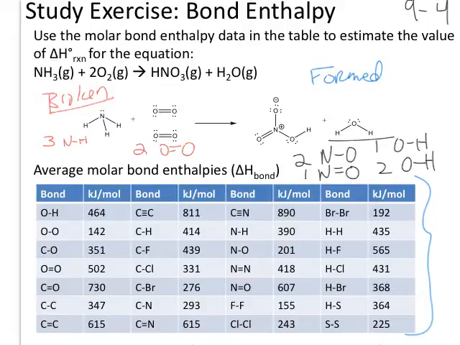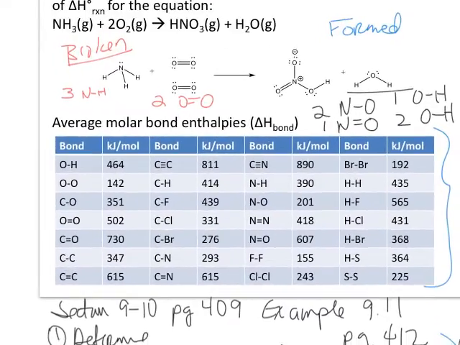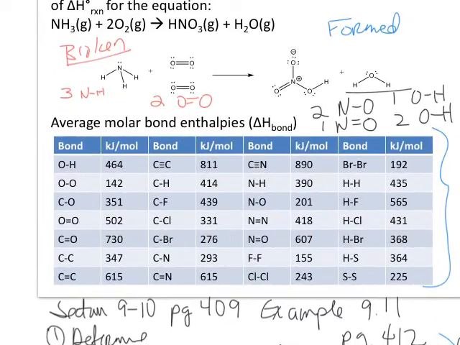So then we come down here and we're going to total them up. For the bonds broken, I'm going to circle them in red. Do we see NH? Here we go. That's going to be a positive 390, and we're going to take this times 3. And then we have an oxygen double bond, 502, and we're going to take that times 2. For bonds formed over here on the product side, I'll put these in a box.